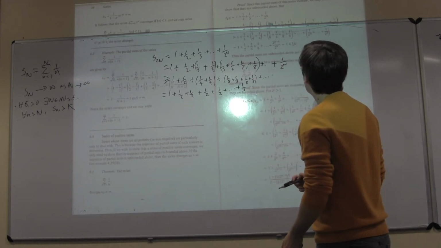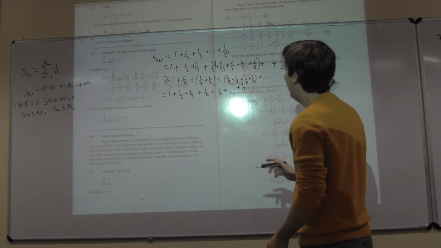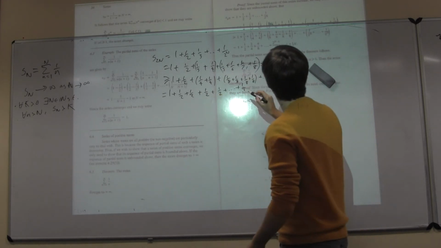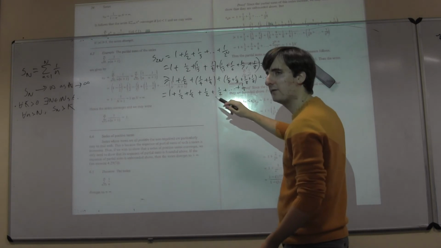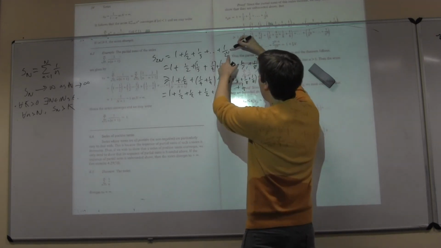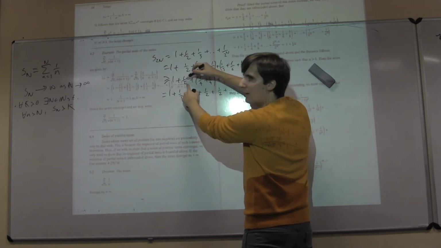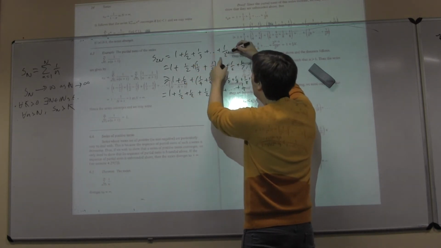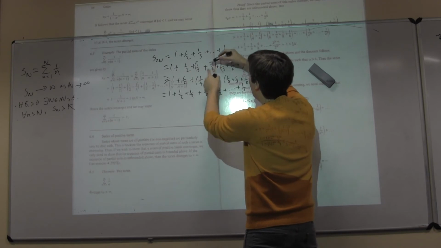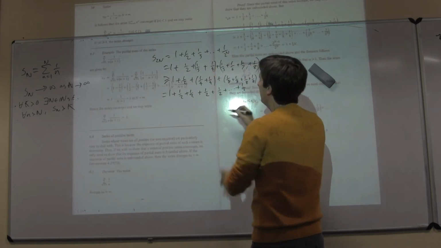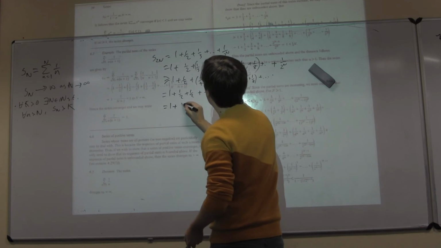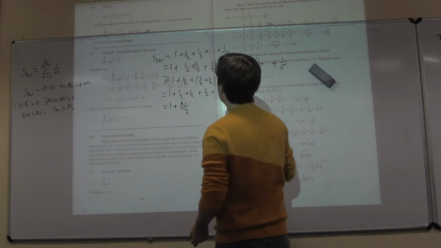How many copies are we going to have? We're going to have capital N copies of a half. Think about it: if capital N was 1, the last term would be a half, so we'd have 1 plus a half. If capital N was 2, we'd have a half, and a quarter would be the last term. So this is 1 plus capital N over 2.